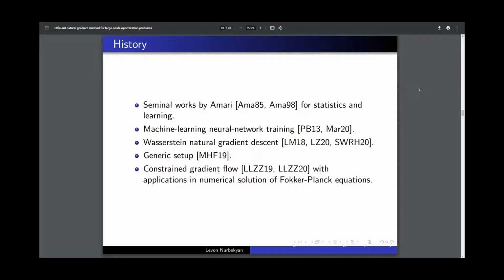They are also being used in machine learning and neural network training. Recently, there are quite a few works on Wasserstein natural gradient descent, which uses a different kind of metric, the optimal transportation metric. They are also being used as interpretations of constrained gradient flows to solve numerical PDEs in high dimensions, such as Fokker-Planck, and so on.